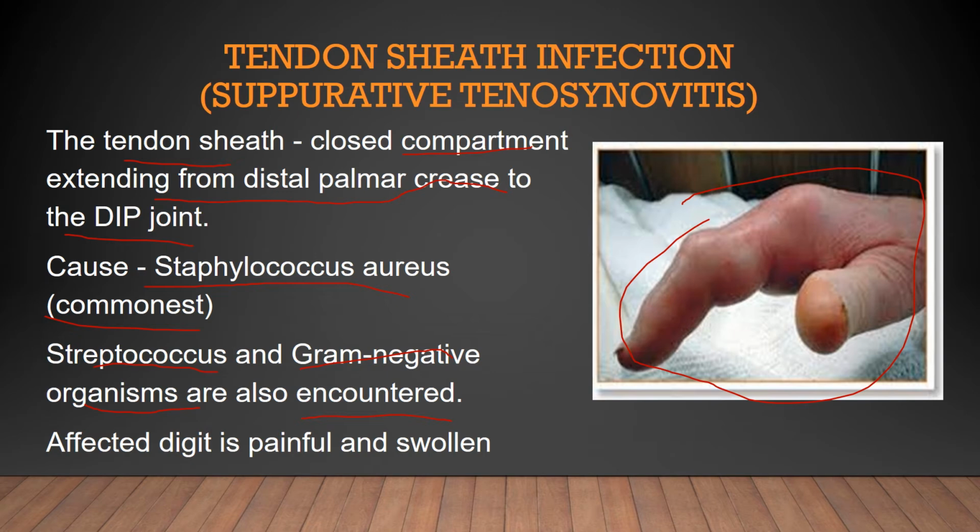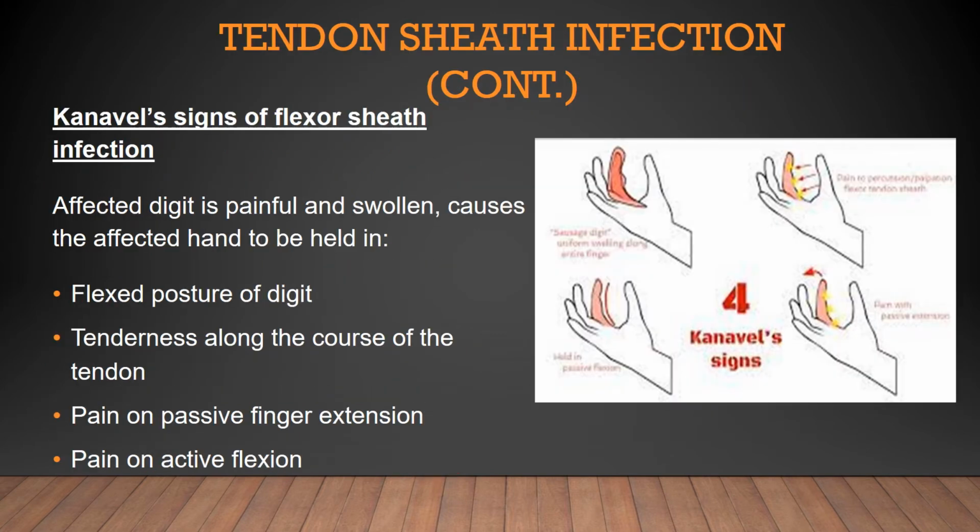The affected digit of the finger will then become painful and swollen. And you have to remember the cardinal signs of flexor sheath infection. The patient's affected digit will become painful and swollen, and the affected hand will be held in a flexed posture of the digit.